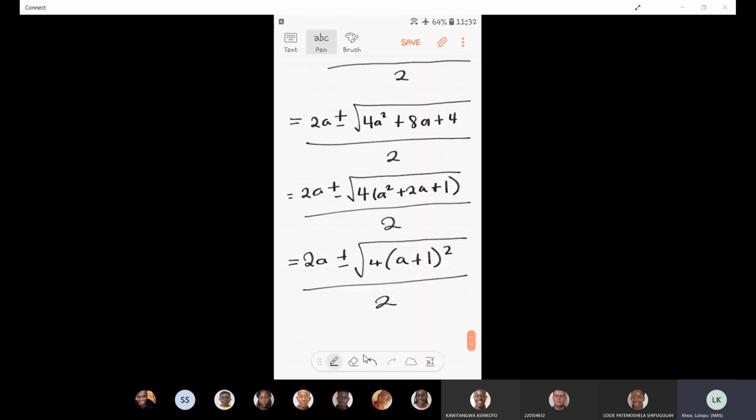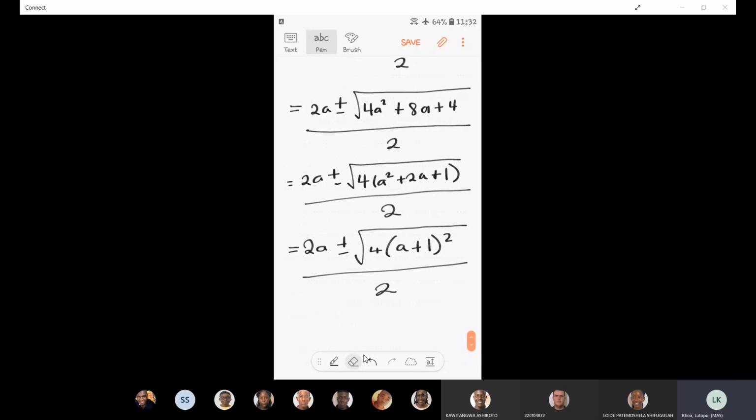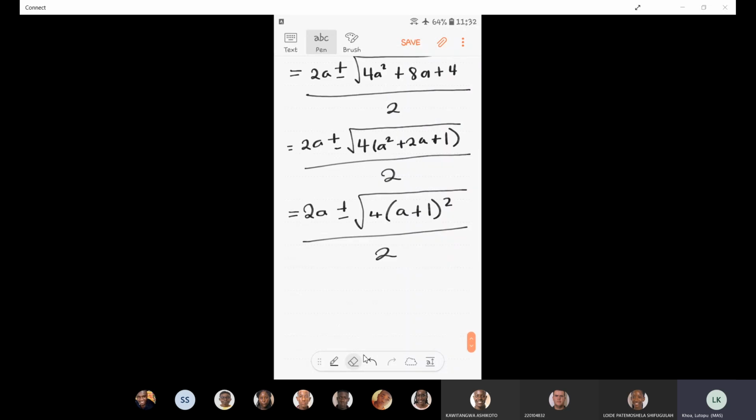So you know how to factorize this a squared plus 2a plus 1. You look for two numbers. When you multiply them, the answer is 1. When you add them, the answer is 2. So it's 1 and 1. So I will have a plus 1 times a plus 1, which is a plus 1 squared. That's where I got that from. Right. And then I have a product under the square root. So this is a product. It's 4 times a bracket.